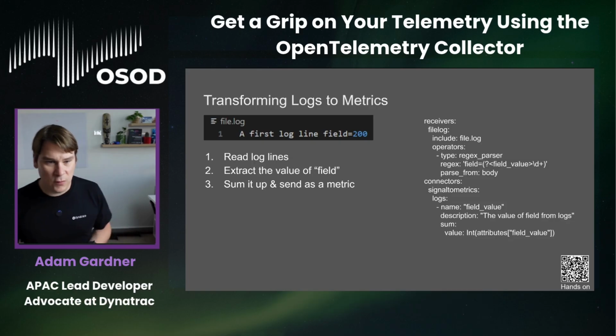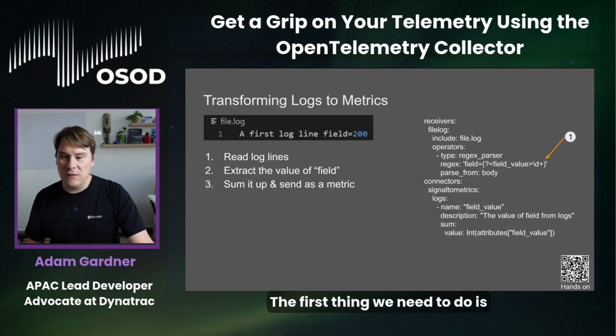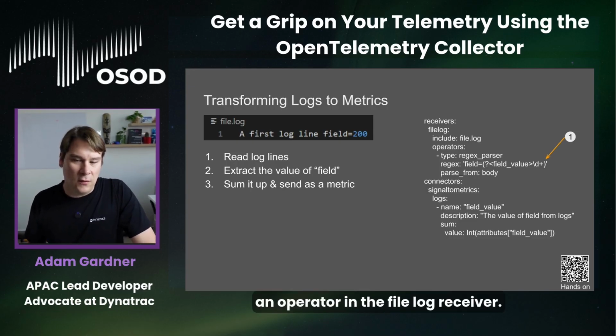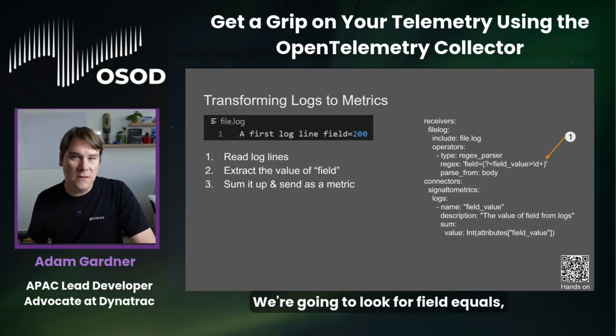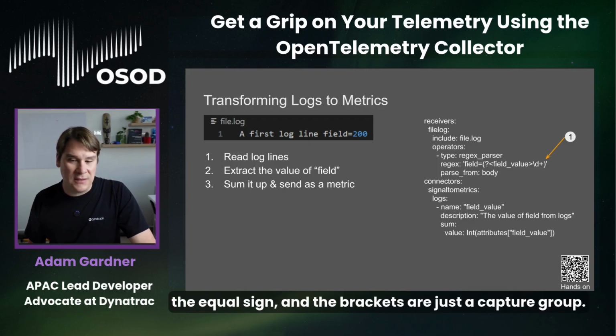Fair enough, straightforward. But how do we achieve that? The first thing we need to do is use an operator in the file log receiver. And again, we're going to use the regex parser. We're going to look for field equals, and then that complicated regex there is just looking for any digits after the equal sign, and the brackets are just a capture group.